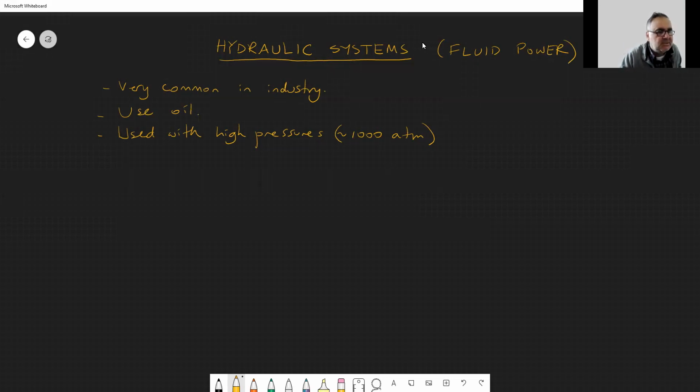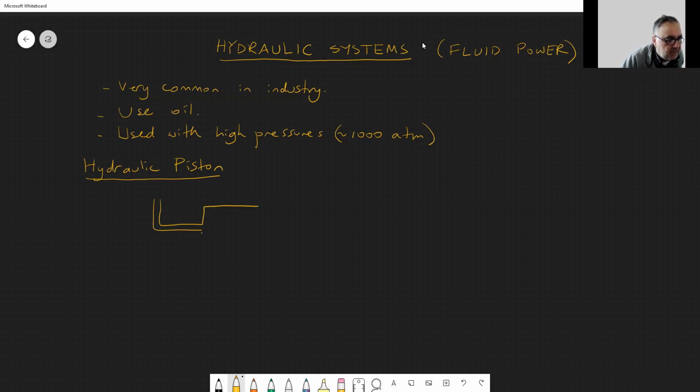One device that is used in hydraulics is the piston, which is this. Let's say that you have a hydraulic circuit like this.